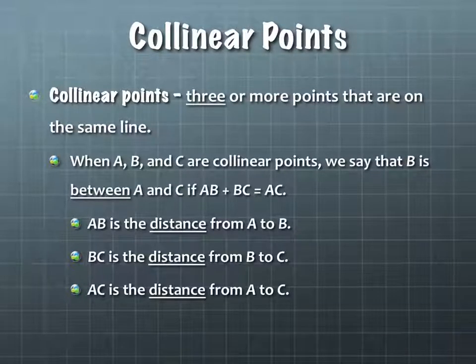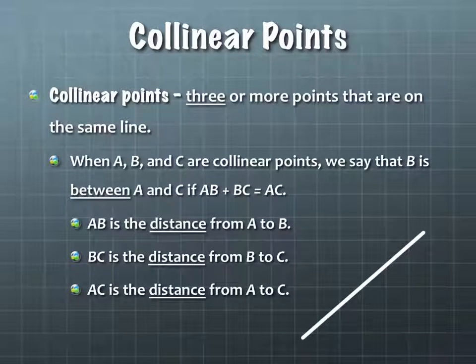So the distance from A to B, the distance from B to C, or the distance from A to C. And this sort of argument, of course, you recognize as true because you've seen it before, dozens of times. If you have these 3 points, A and B and C, clearly, if I take the distance from A to B and add that to the distance from B to C, I have the distance from A to C, right? And that's always true if they're collinear.